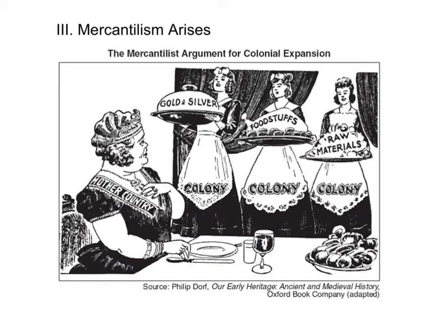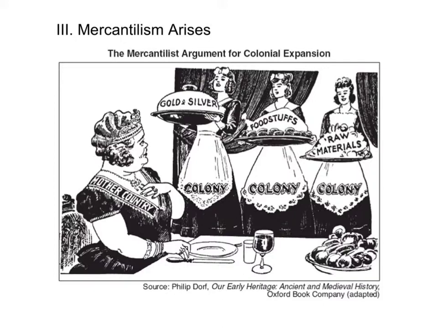And so anything that is produced at home, it's better for them to either consume it within the nation itself or to sell it to their colonies. And in return, the colonies, their whole purpose is to benefit the mother country.